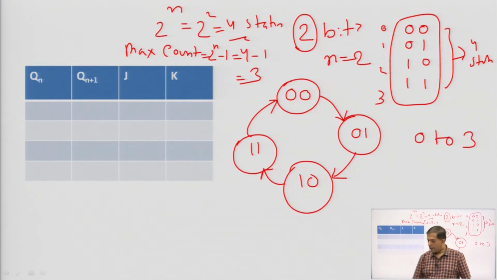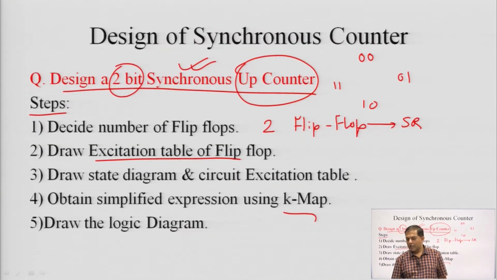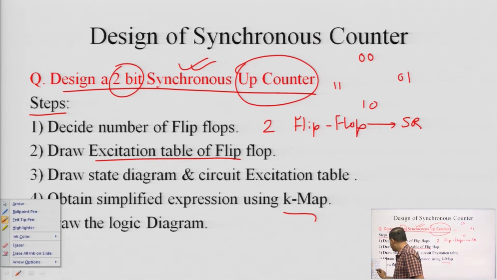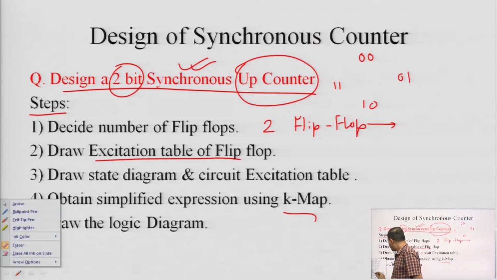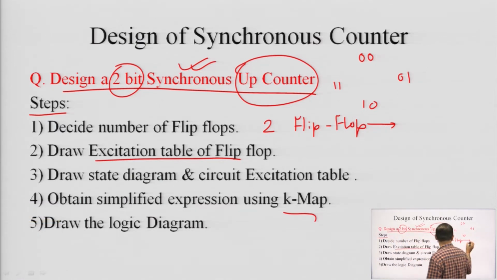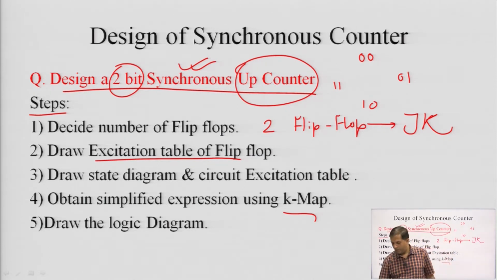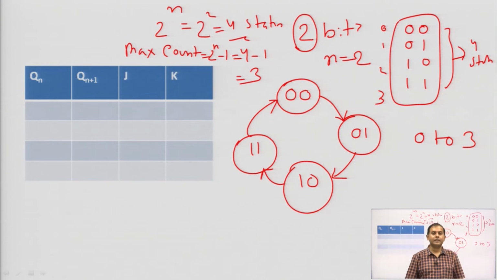Now the step is to draw the excitation table of the flip flop. Here we are taking the JK flip flop. I have written SR, but you can take any one; let us take the JK flip flop. So, we have to draw the excitation table of the JK flip flop. This excitation table is already covered in the lecture video of the JK flip flop, you can refer to that.